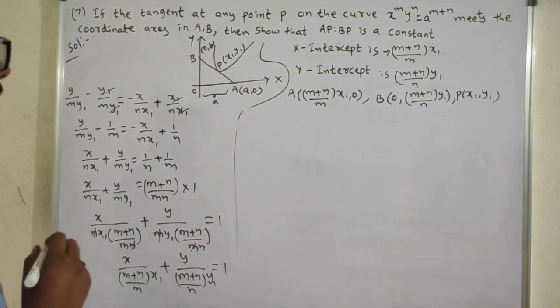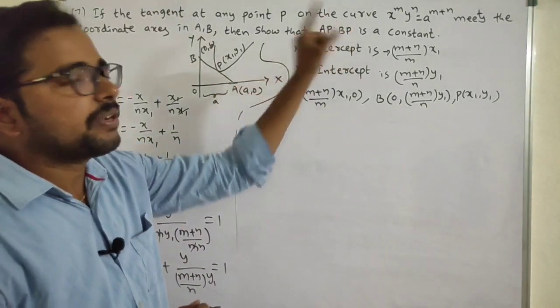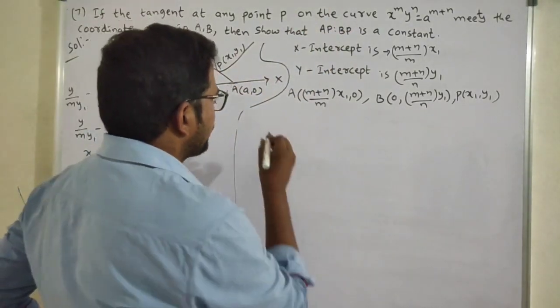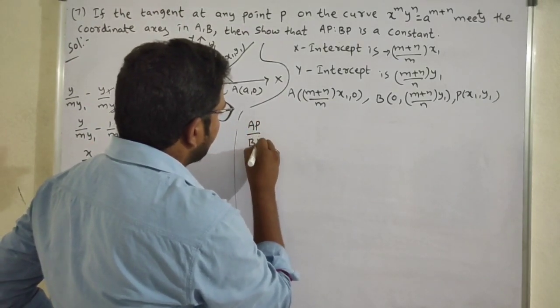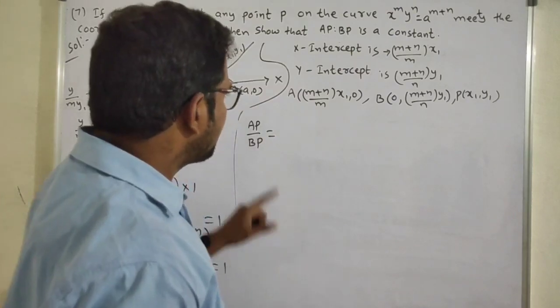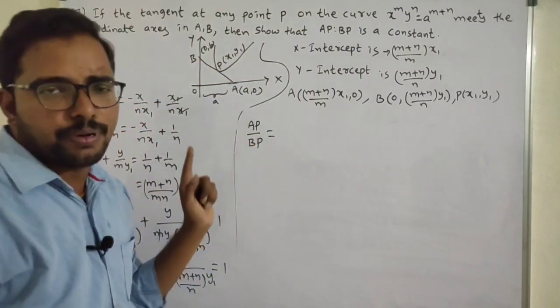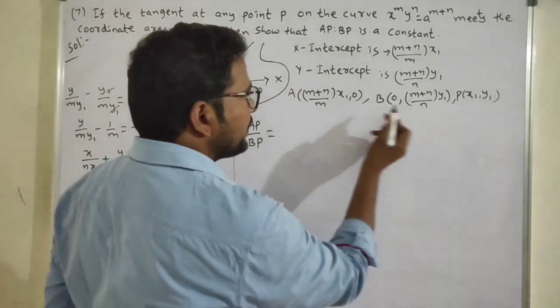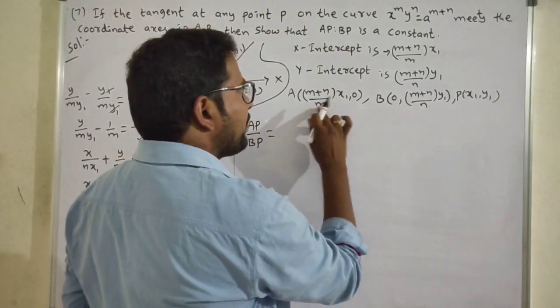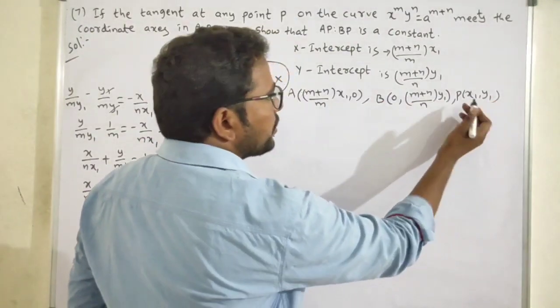Now what we have to show is that AP is to BP is a constant. AP is to BP means a ratio. So take AP by BP. AP means the distance between the A point and the P point. So this is the A point and this is the P point. Take this as x1, y1 and this as x2, y2. So what is the formula?